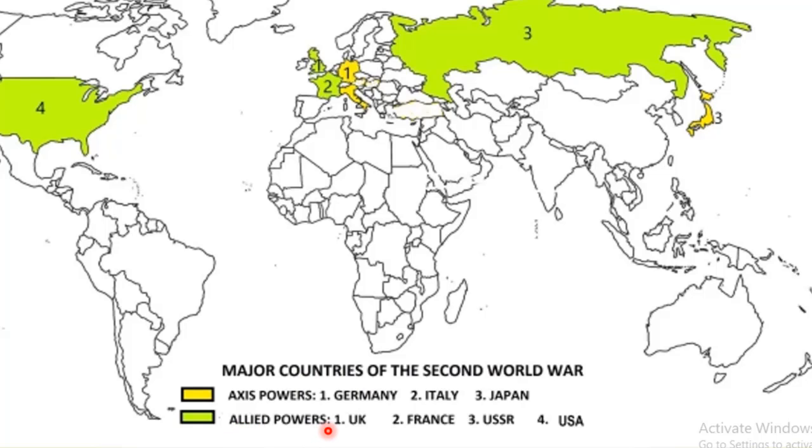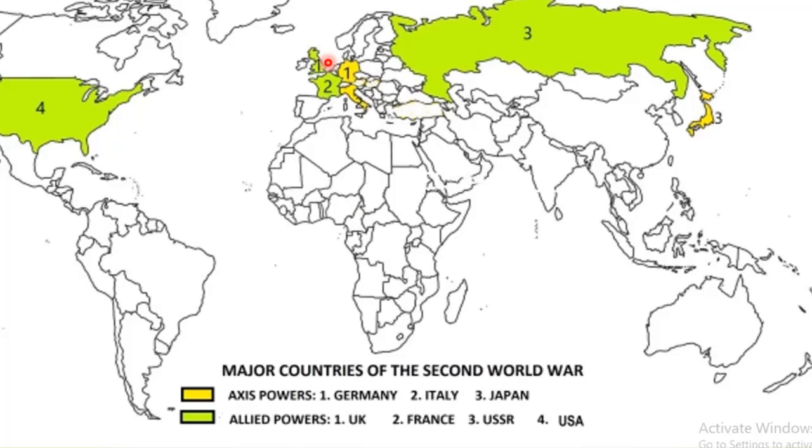Children, the Second World War duration was from 1939 to 1945. The countries which were part of Allied powers were UK or England or Great Britain, whatever you call it, then France, USSR, and USA. So first country, let us locate.